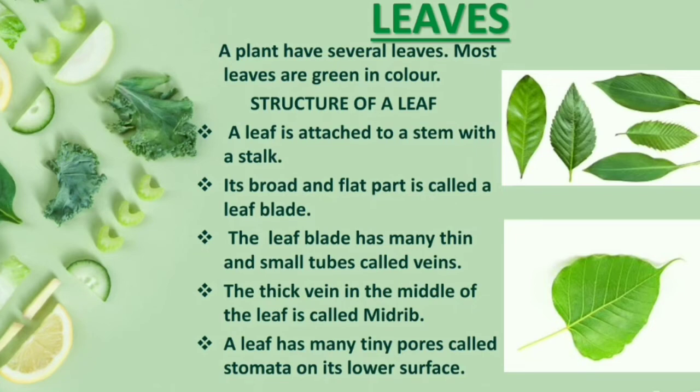Now what all things they require for making food? They require sunlight, carbon dioxide, chlorophyll. Now what is chlorophyll? Chlorophyll is the green pigment which is present in the leaves, due to which leaves look green. So they require carbon dioxide, sunlight, water. Water they get from the soil, and they make their food. Okay students, so leaves are the kitchen of the plant or the food factory of the plant.